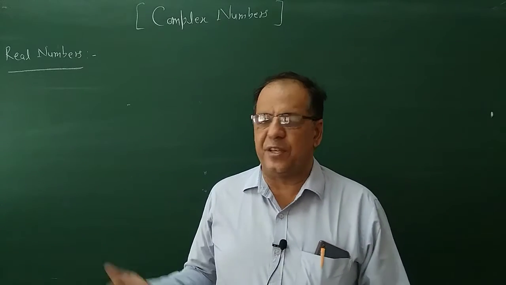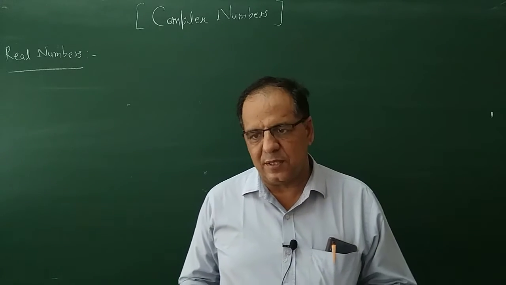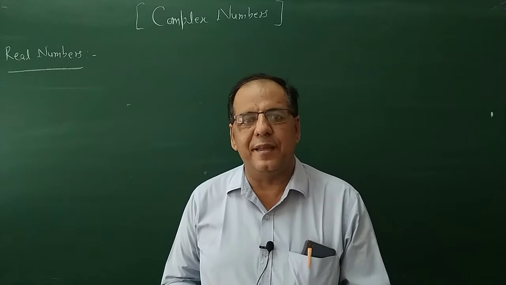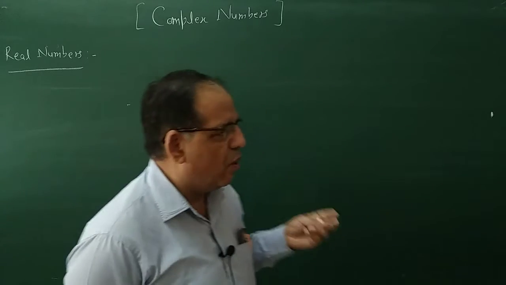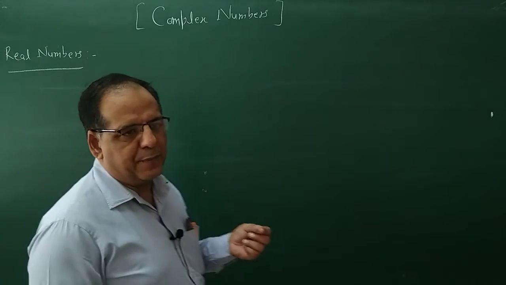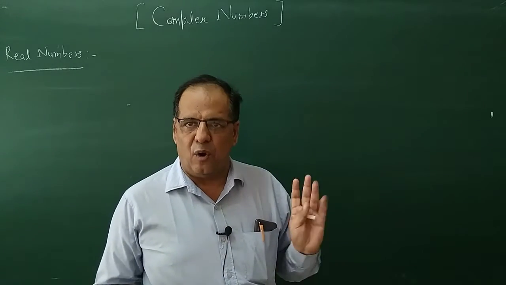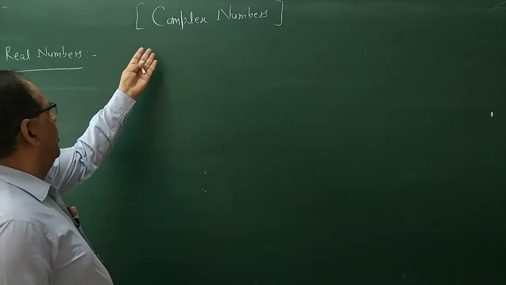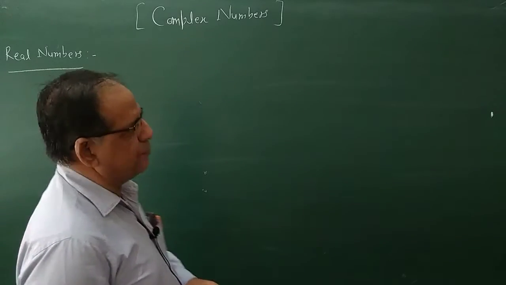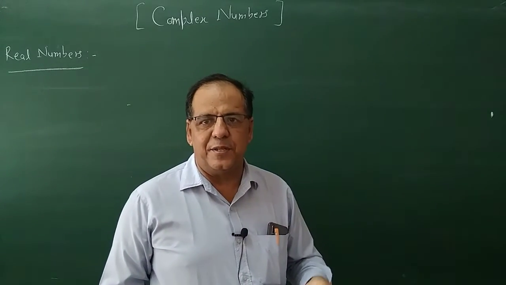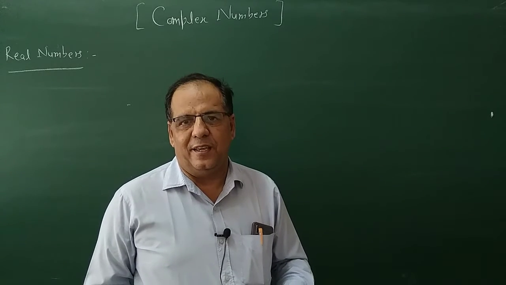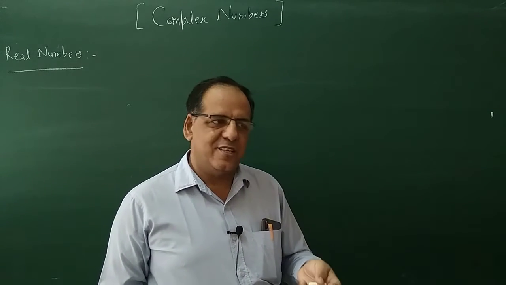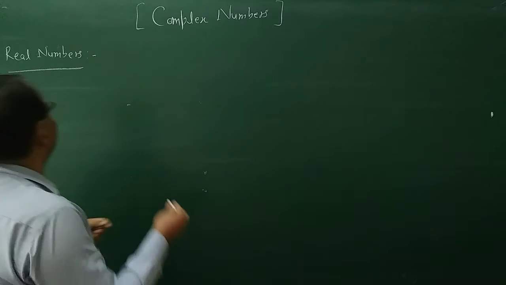According to the basic definition, all numbers that can be represented on the number line are called real numbers. But for the purpose of complex numbers, we change the definition of real numbers to our format.